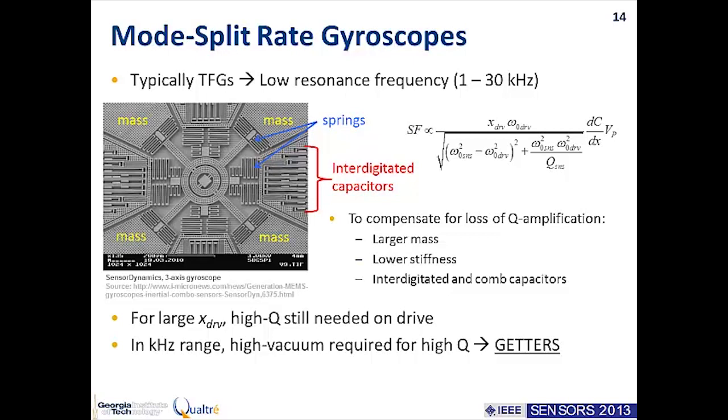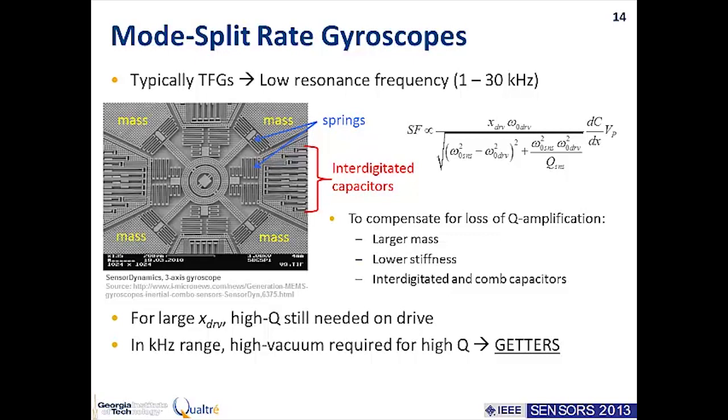So as I was saying, when you have these low frequency structures, you obviously still need high Q, not to get that advantage in your sensitivity, but because you still need to reduce the mechanical motional impedance of your device in order to put a lot less energy into your drive mode.